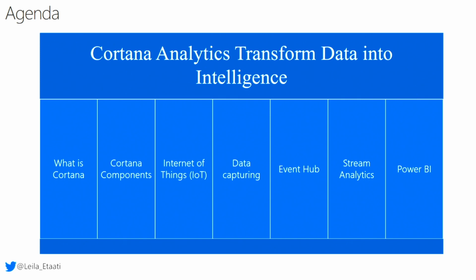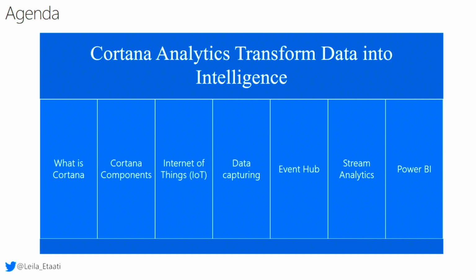For today, I'm first going to talk a bit about what Cortana is, because what we normally know is the voice assistant. I'm not going to talk just about that. I'm going to talk about the Azure infrastructure and how it can help us create an IoT device to get information from the weather environment and then show that in a Power BI dashboard.